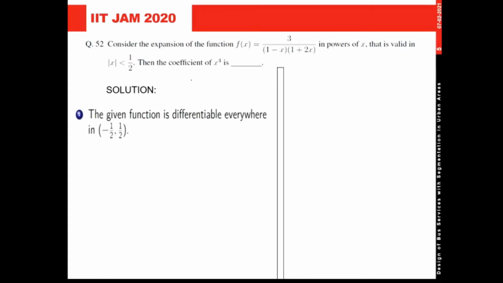Somebody asked me what is Taylor series expansion. I think most of you know what a Taylor series is.